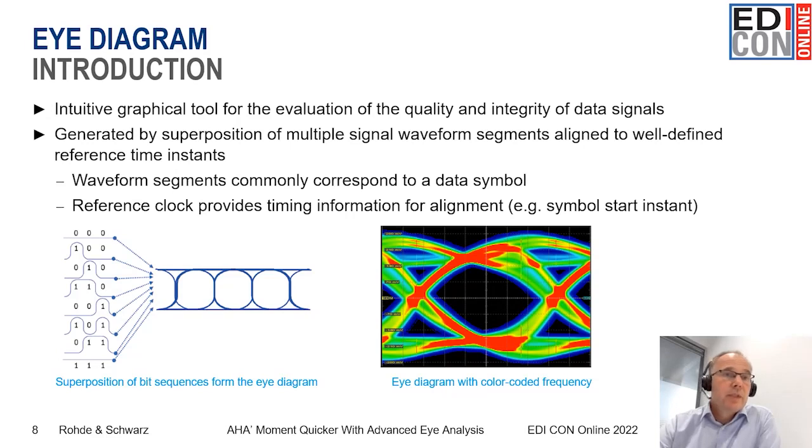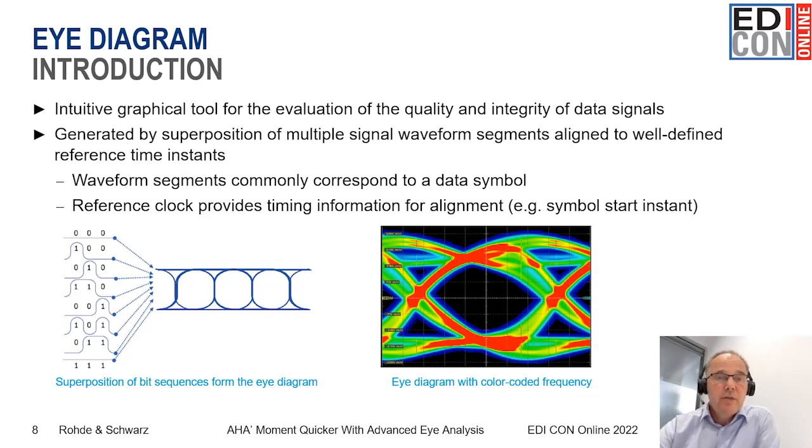So let's start with some basics. First of all, an eye diagram, as I mentioned, is a very intuitive tool to look at the quality of the transmission of my signal. The way the eye diagram is generated is that I look at my signal stream, and I need to find some way to slice the individual bits.